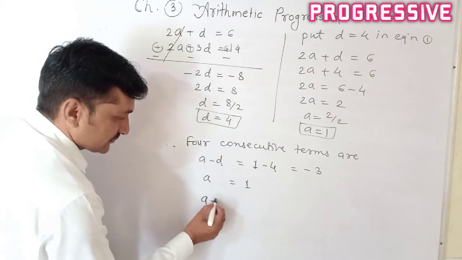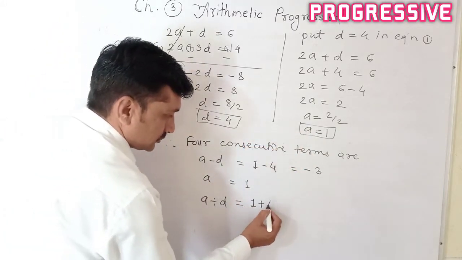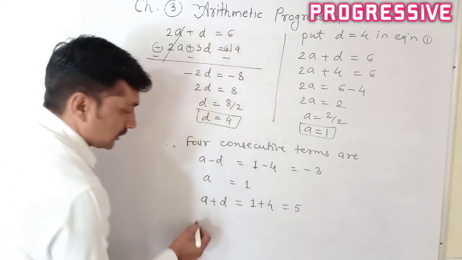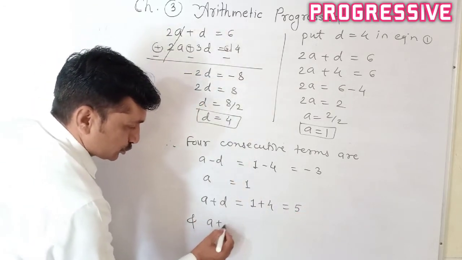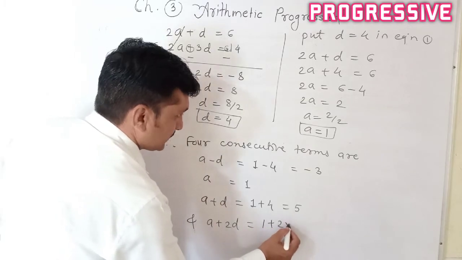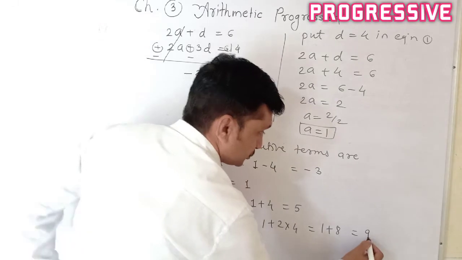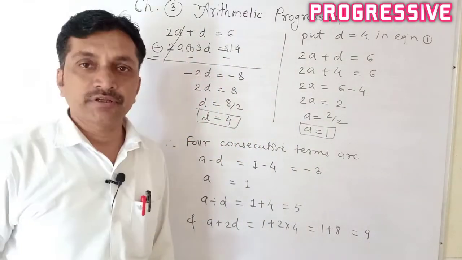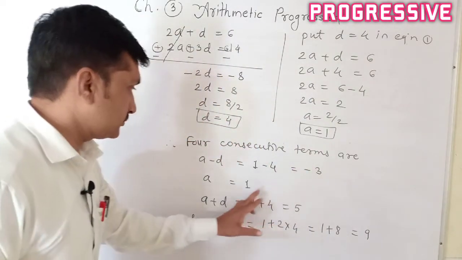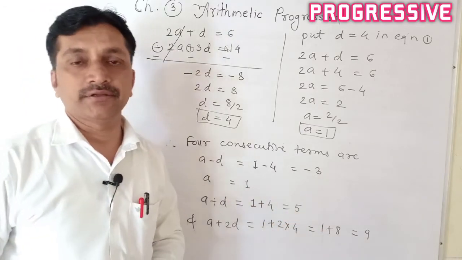After that a plus d is equal to 1 plus 4 is equal to 5. After that a plus 2d is equal to 1 plus 2 multiplied by 4 is equal to 1 plus 8 is equal to 9. Here the 4 consecutive terms are minus 3, 1, 5 and 9.